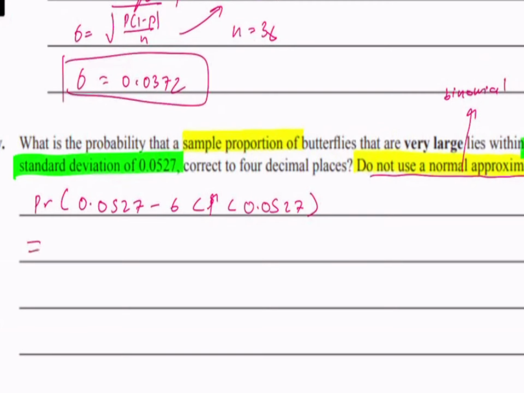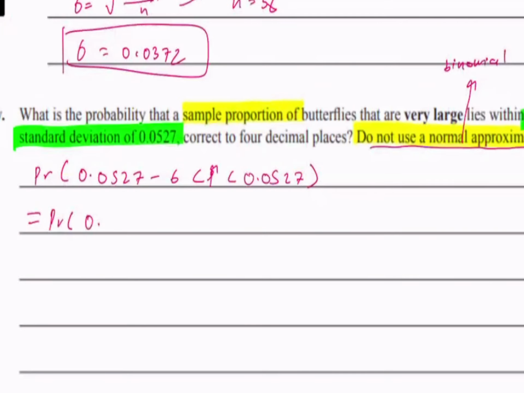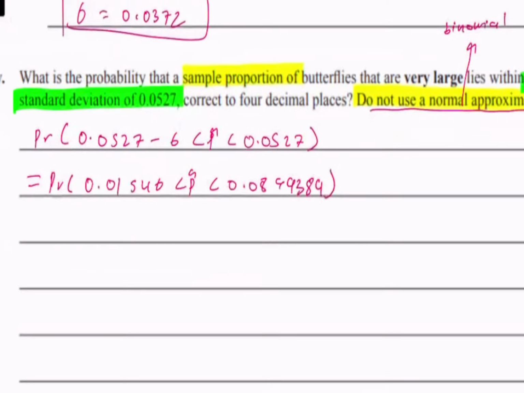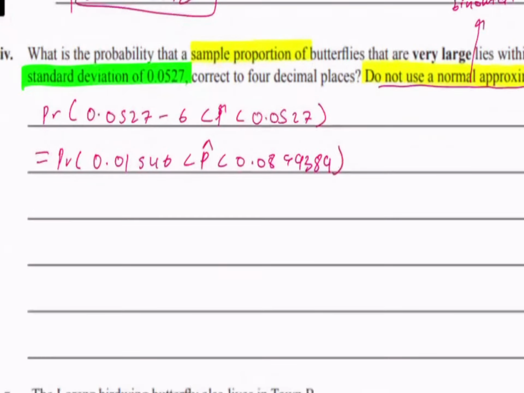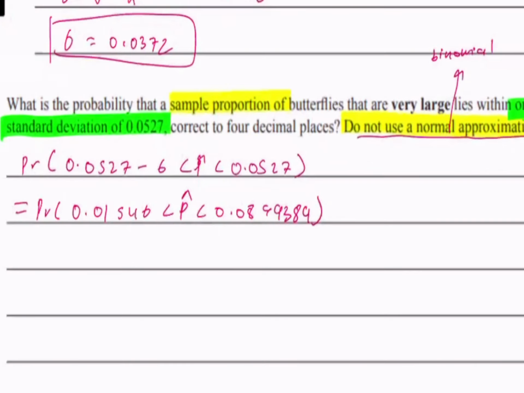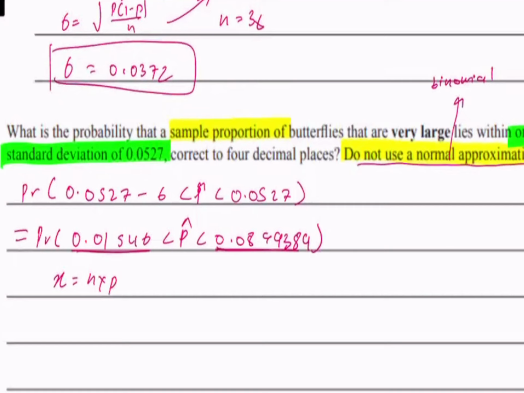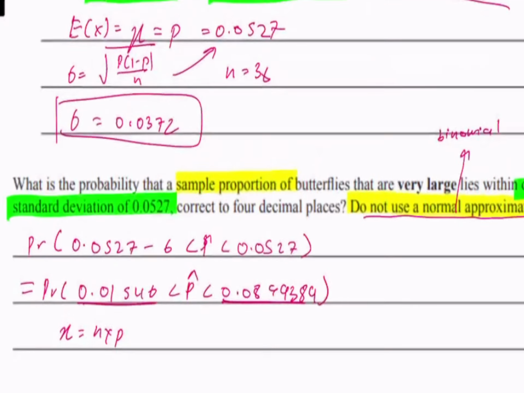So if you just plug that in, you get probability that p hat is between approximately 0.01546 and 0.0899389. But as we know, we cannot find probability if it's in terms of p hat. So we have to convert this to x. To convert it to x, X is n times p. So we multiply both of these values by the sample size, which is 36.